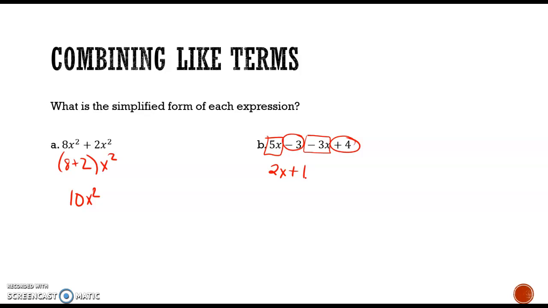And so that's how we end up with our answer. Our signs go with the number that is right behind them. And I like to say that a negative is subtraction and a subtraction is a negative, right? Minus is a negative number. So even though we would read that 5x minus 3 minus 3x, I'm going to think of it as a negative 3 and a negative 3x.